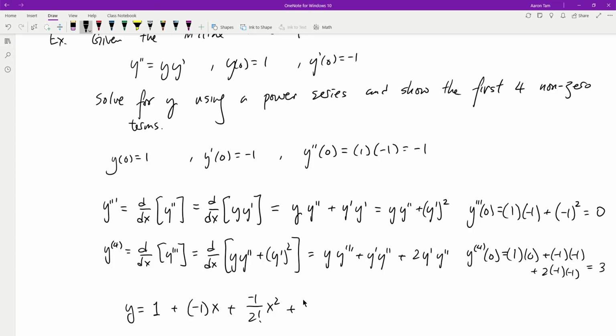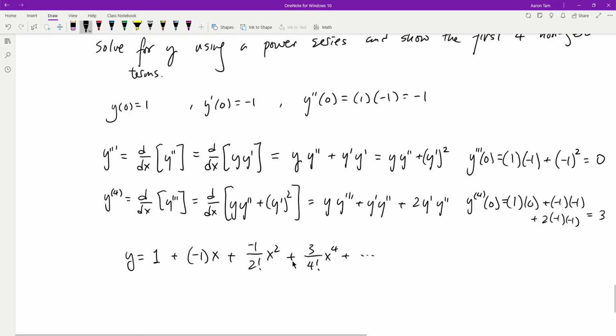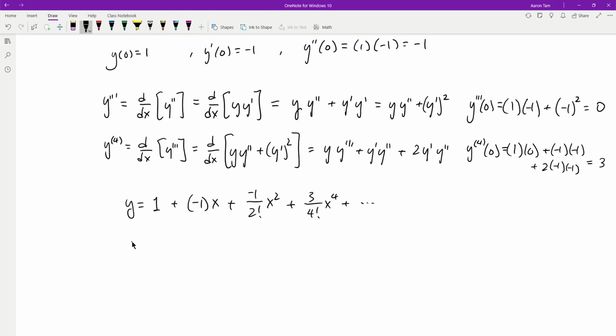So that will be the 4th derivative of y at 0, which is 3 over 4 factorial, x to the 4th, plus and so on. Now, I don't see any pattern here, so you're probably not going to be able to write out some kind of general term. But I can clean this up. That means y is equal to 1 minus x minus 1/2 x squared plus 3 over 4 factorial, which is actually 1 over 8, x to the 4th, plus and so on.